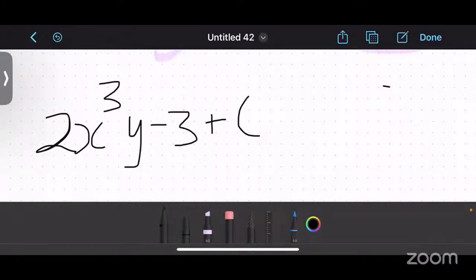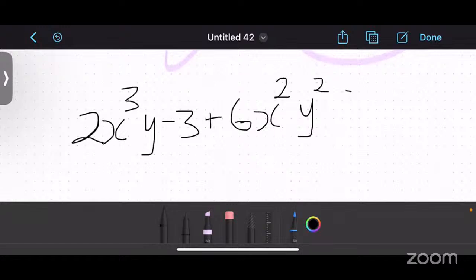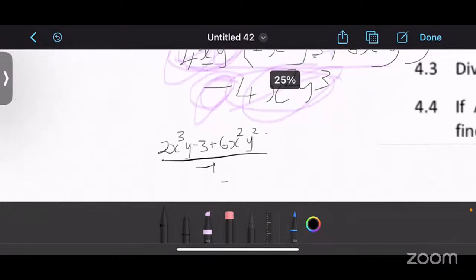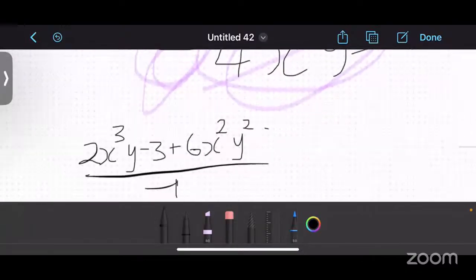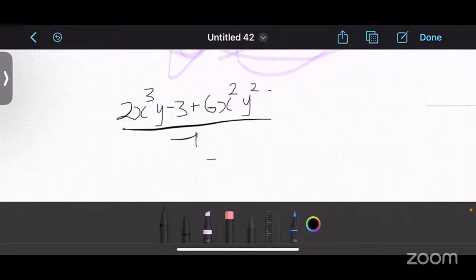Was it 6? 6x to the power of 2. I think Ole said y to the power of 2 as well. I think so. And then divided by -1. I'm just going to verify that. Yes, it is. Cool.